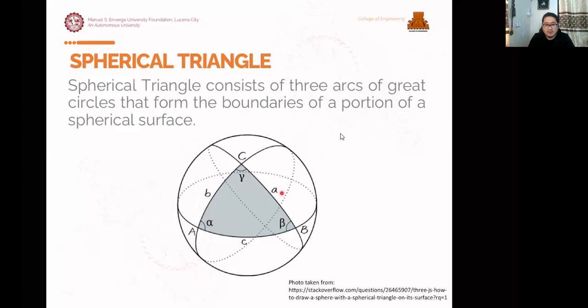Dito, mapapansin nyo, si ABC na small letter are yung sides nung spherical triangle natin. Actually, they are taken dun sa cut natin mula sa centroid niyan, kasi di ba, great circle yan. Meron yan somewhere dun, ito yung centroid ng circle natin.